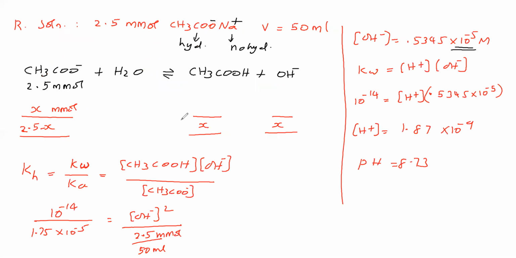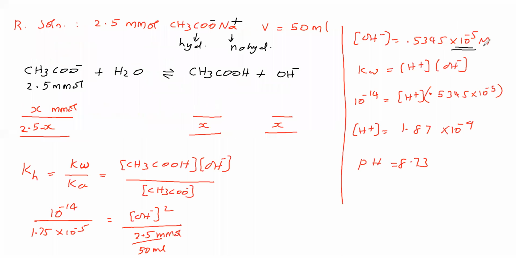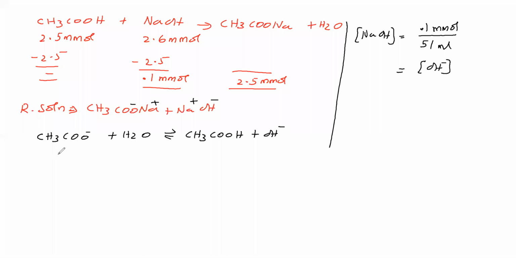Now, the hydroxide concentration due to anionic hydrolysis is 10 to the power of minus 5. Sodium hydroxide alone is giving a concentration greater than this value, no? The hydroxide concentration due to anionic hydrolysis is less than the previous case.